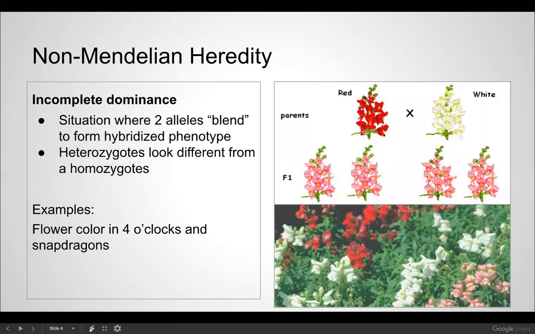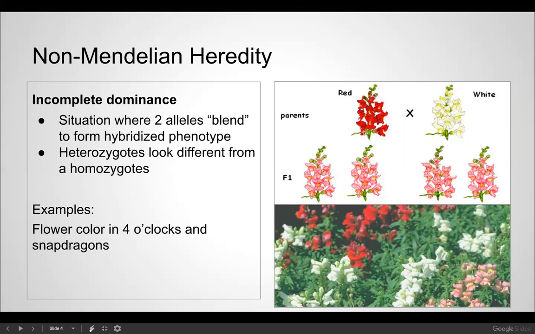So here's incomplete dominance. Again, similar to that picture before. We had a parent that was pure red and a parent that was pure white. Their offspring should have been, according to Mendel, the dominant trait, either red or white. But in incomplete dominance, neither one of the alleles, the allele for red or the allele for white, is able to express itself completely.